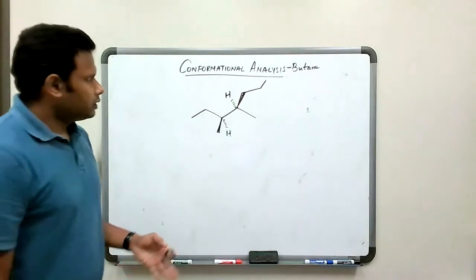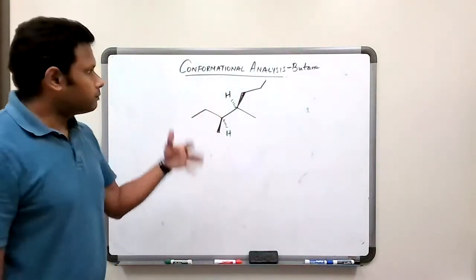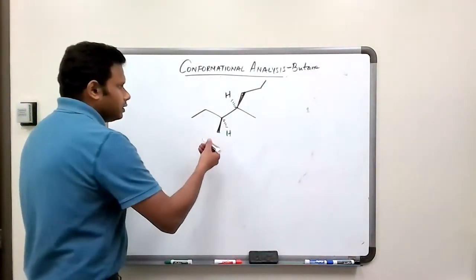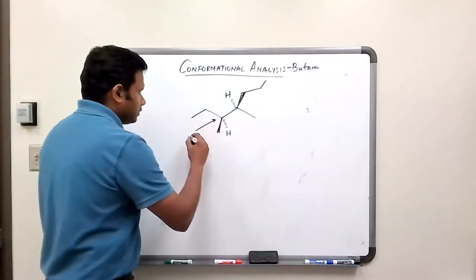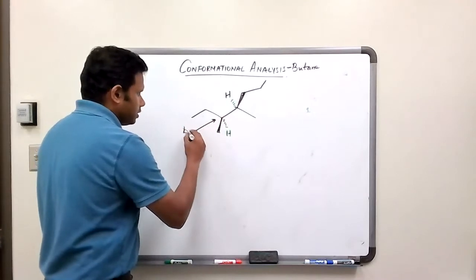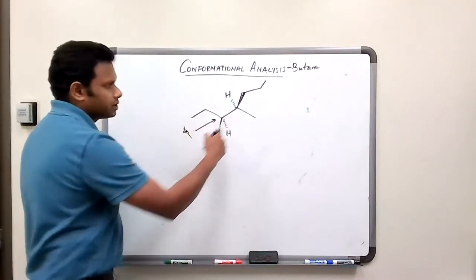Okay, and we have to, let's say, look at or draw the most stable and the least stable conformation about this bond.